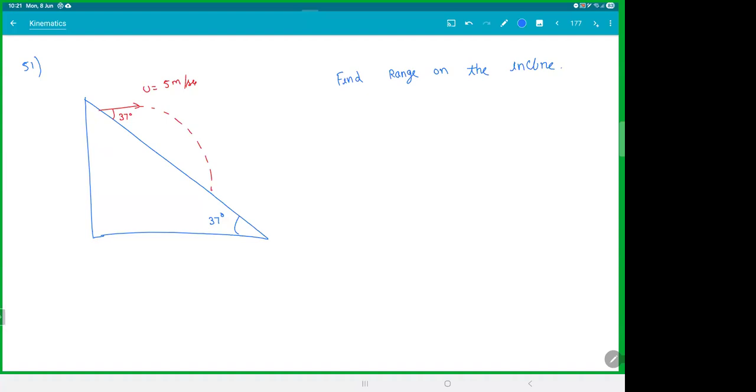Choose your x and y axis properly, resolve the velocities, time of flight is 2uy by ay, and get them. 75 by 16.